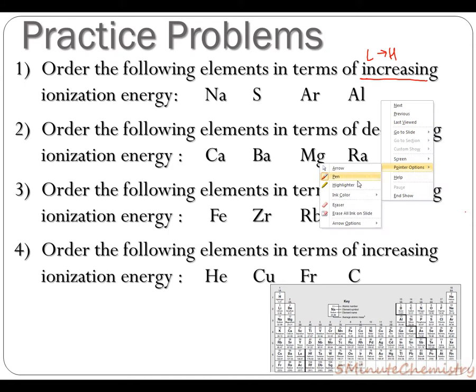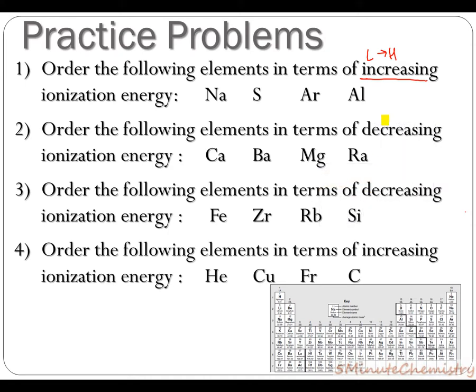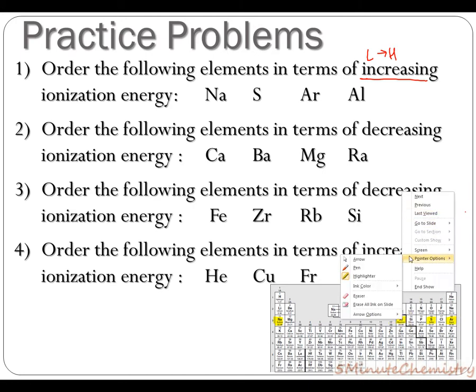Let me throw on the highlighter. So we want to go low to high. Sodium, sulfur, argon, and aluminum.